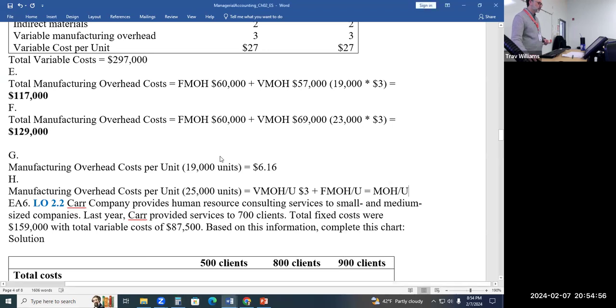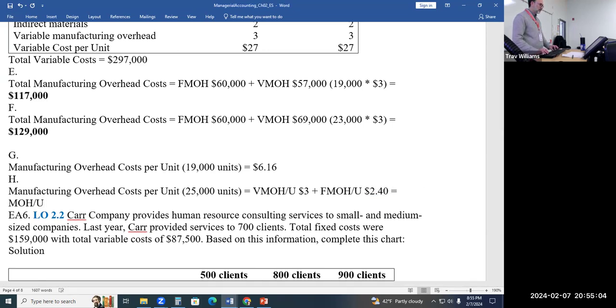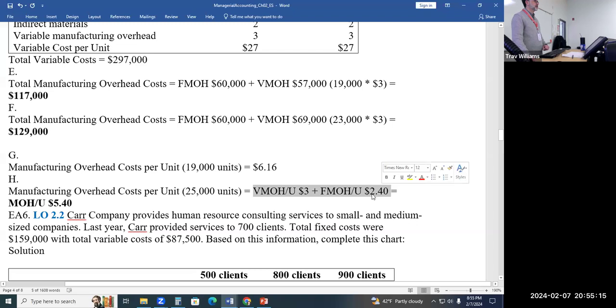That's $2.40. That is our fixed manufacturing overhead per unit. So together, our manufacturing overhead per unit comes out to $5.40. Okay, that's the variable part plus the fixed part.